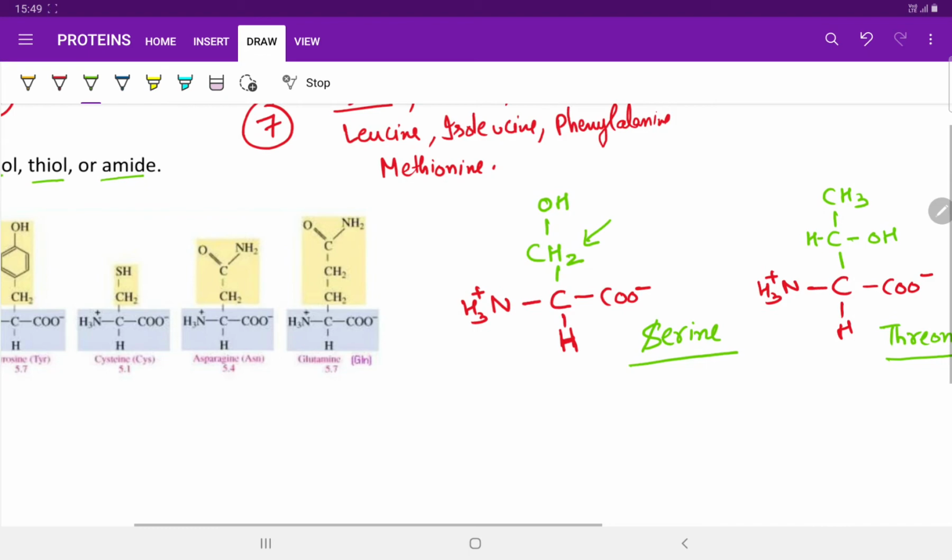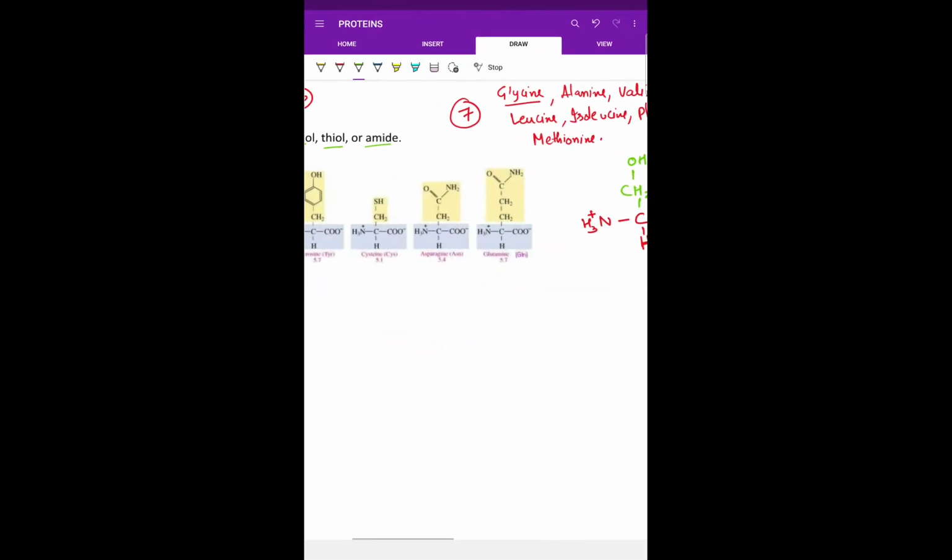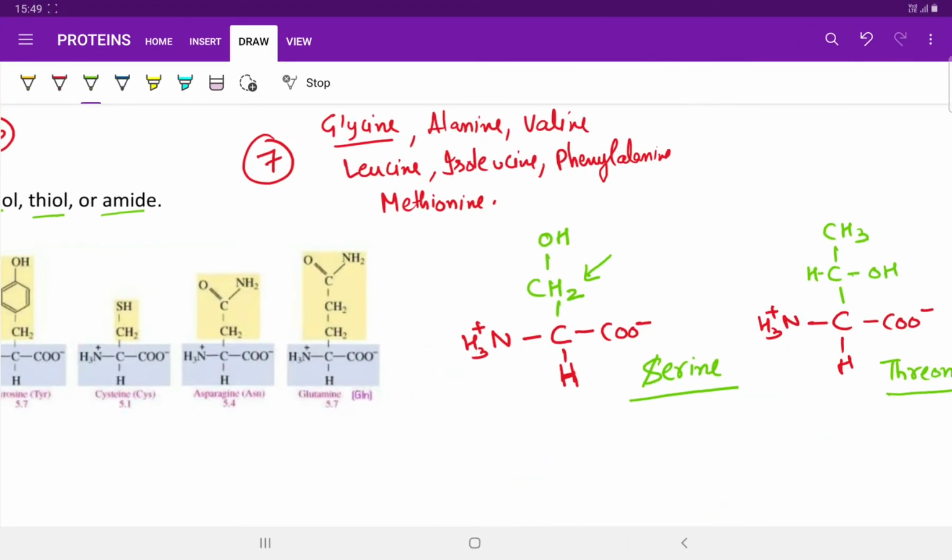Now our fourth structure will be that of cysteine. Now if we add a sulfhydryl group, it will become cysteine. You also know another amino acid that contains a sulfur group, that is methionine. Now if we add a sulfhydryl group to the structure of alanine, it will become cysteine.